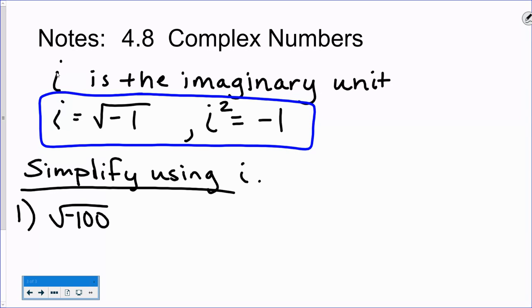But we can write it in a new way using our imaginary unit i. You can think about moving your -1 separately from the square root of 100. The square root of -1 I can rewrite as i, and the square root of 100 is 10. So we'd write this as 10i.